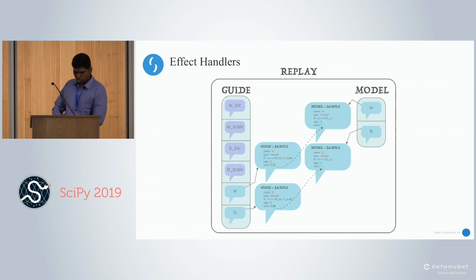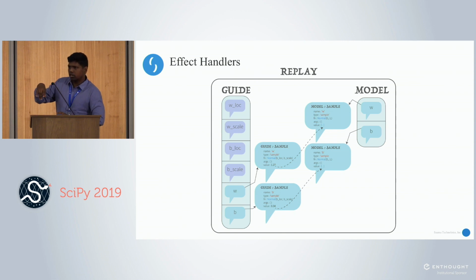Okay. This is a bit more complicated. The replay handler. Why do we have this? It will make sense later. What replay does is it runs trace on the guide and the model. First, it runs a trace on the guide and keeps track of all the messages.